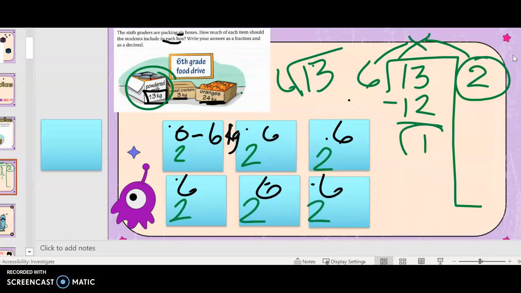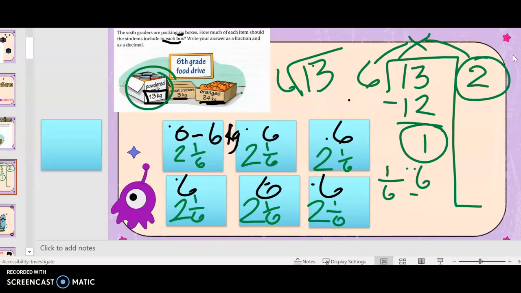Now, I have a 1 here, and I need to divide this 1 by 6. So if I just divided 1 into 6 groups, wouldn't that be 1/6? And if I put 1/6 here and 1/6 here, and I do that 6 times, well, what is 1/6 6 times?